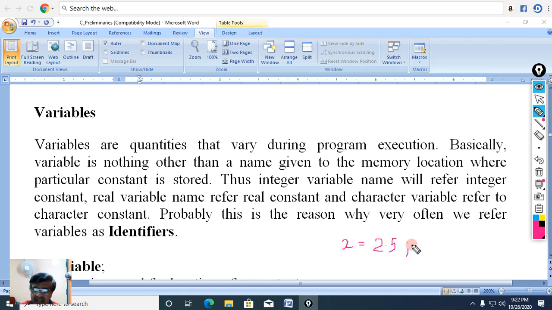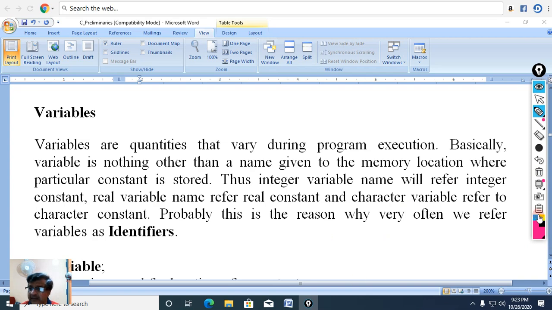This is another way of understanding the variables. Probably this is the reason why very often some of the authors refer to these variables as identifiers, because a variable name will always represent the name of the memory location where a particular constant is stored.